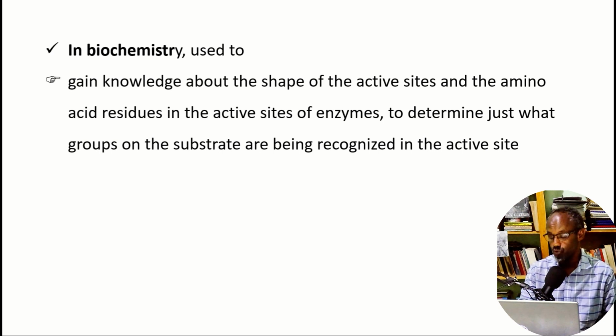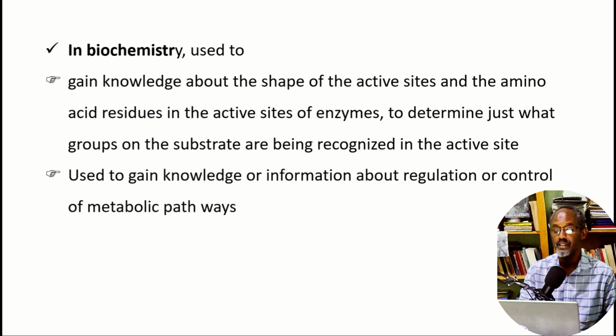Of course, it also helps to study the chemistry of the substrates that interact with the active site. They are also used to gain information about the regulation or control of metabolic pathways.